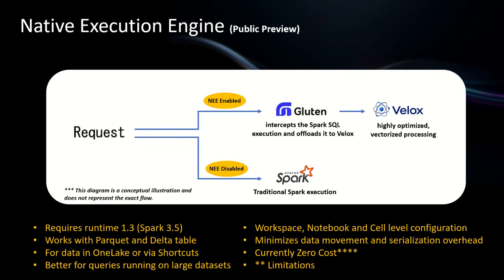There are a couple of methods to check. One easy way is to check the jobs and the stages of your Spark code execution. If you see something like native file scan, Velox, or some sort of transformer suffix, it means the native execution engine has been used. If you do not see those things, it has not gone through the native execution engine.